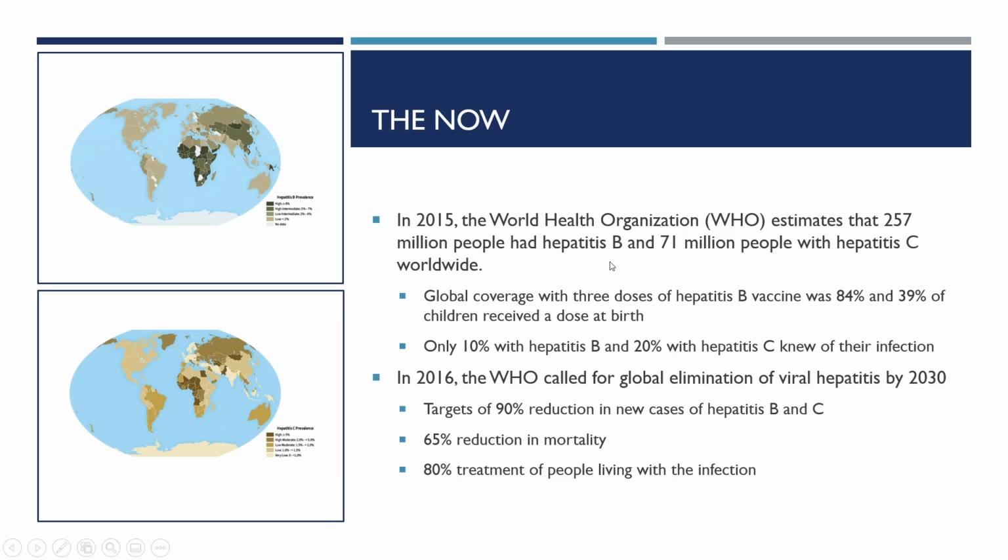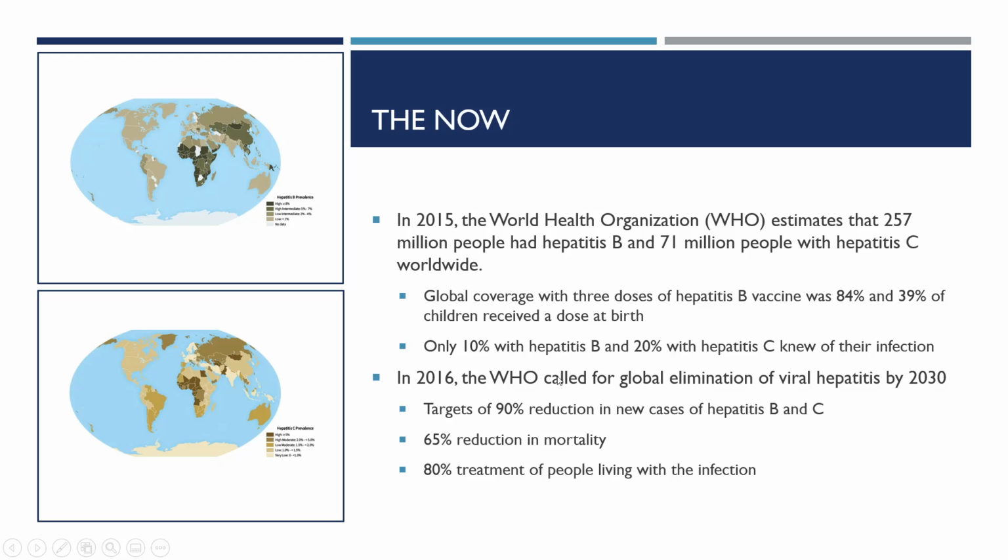Working at the pediatric clinic, I know that we're supposed to administer the hepatitis B vaccine within their first month, and when we receive new patients, we check to see if they've been given the hepatitis B vaccine upon childbirth. That's to protect against passing of the virus from mother to child via the vaginal or birth canal. Only 10% of hepatitis B and 20% of hepatitis C patients knew that they were infected around the world.